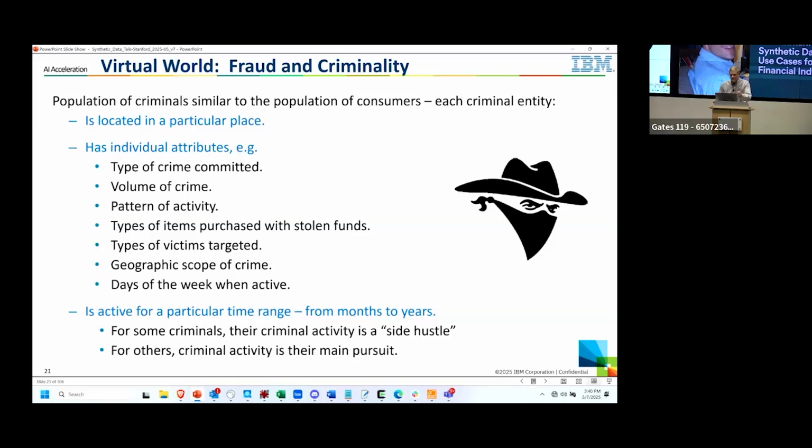So again, we do very detailed modeling of criminals, and part of that is to make sure we get the right level of criminality, and part of it is to make sure we have the right distribution. And that's actually very important, because even though I was suggesting it's very important to be realistic, we think it's also very important, in some cases, to have flexibility.